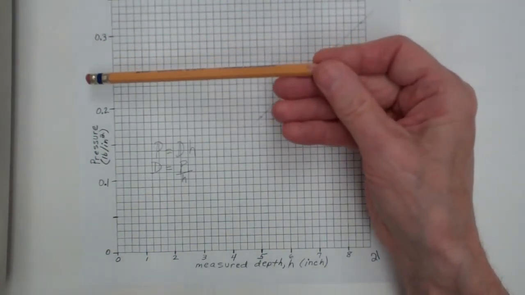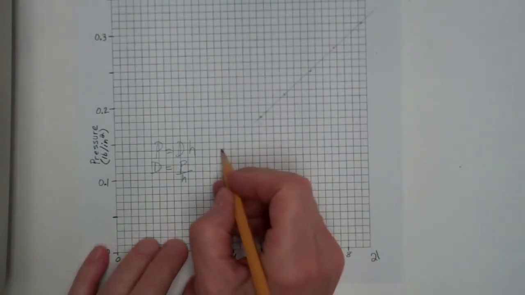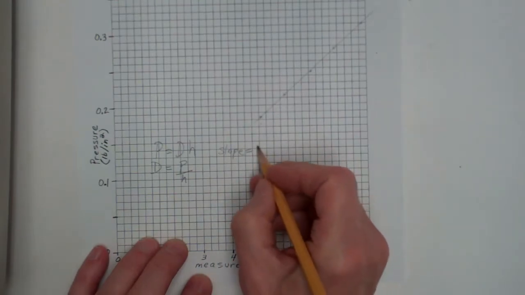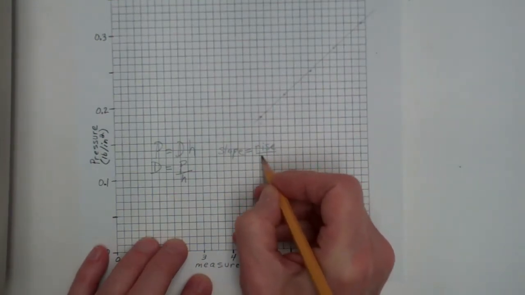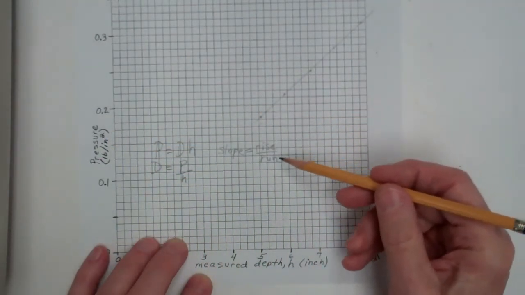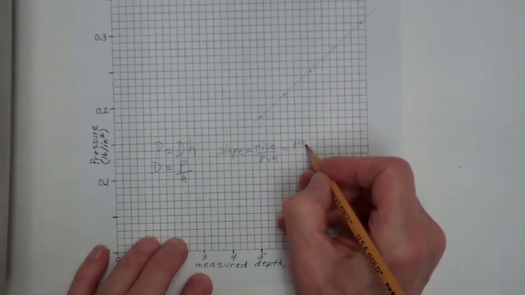We're graphing fluid pressure versus the depth. You remember that the slope of a line is equal to rise over run, and in this case the rise is fluid pressure, the run is depth.